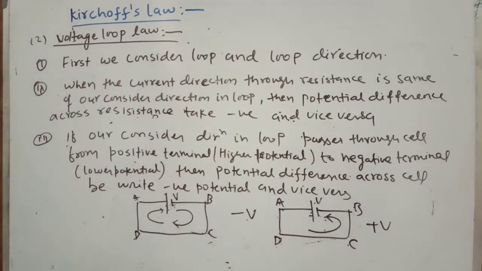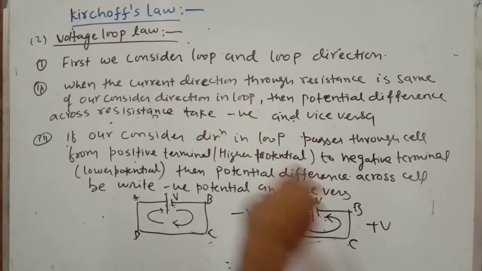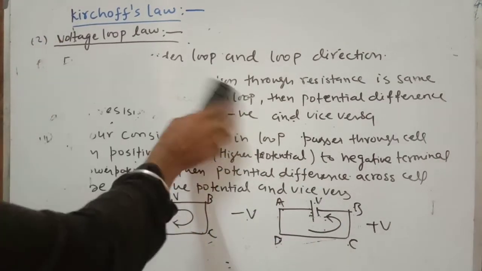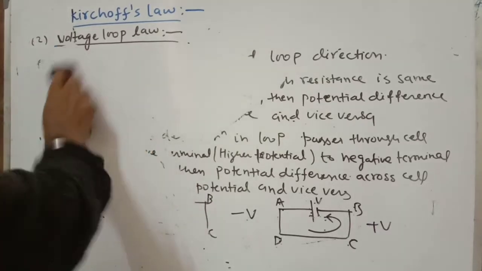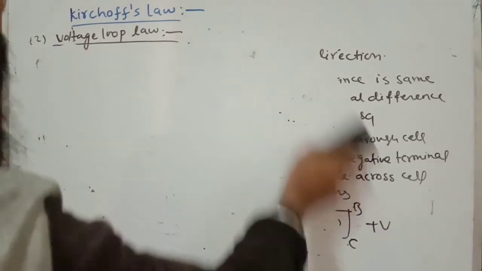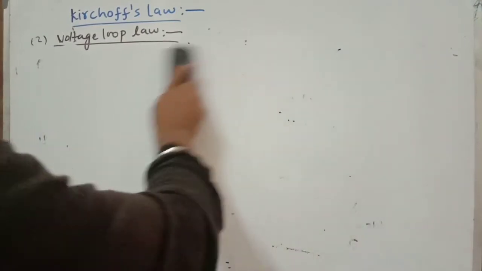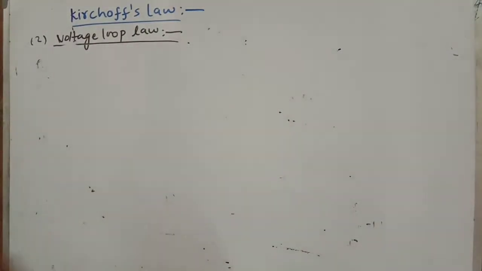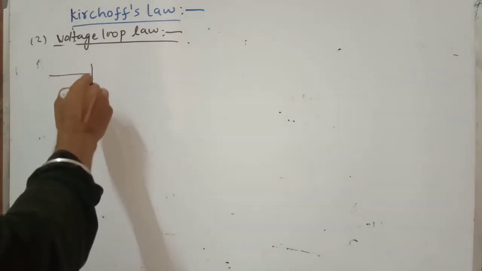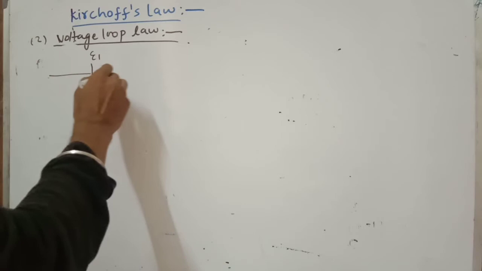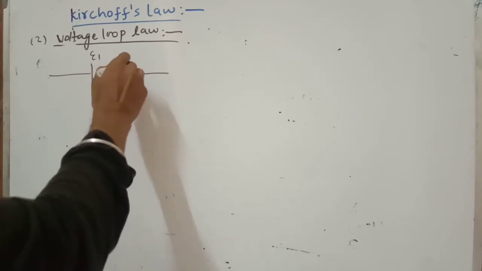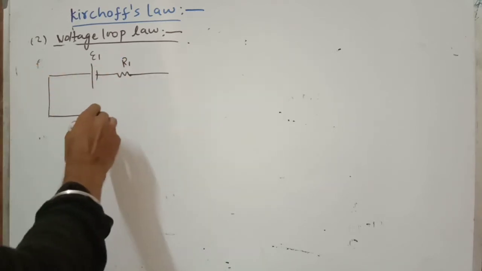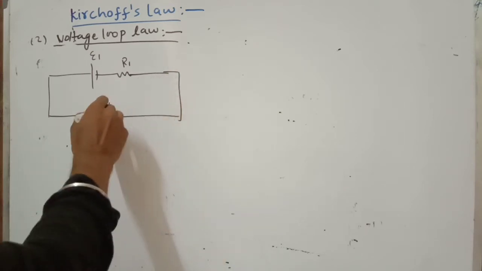Okay. So with the help of these three statements, we can write the voltage loop law. I am giving an example in a circuit, and then we are going to write the voltage loop law. Let me consider a circuit. Let here we consider E1, R1, R2.